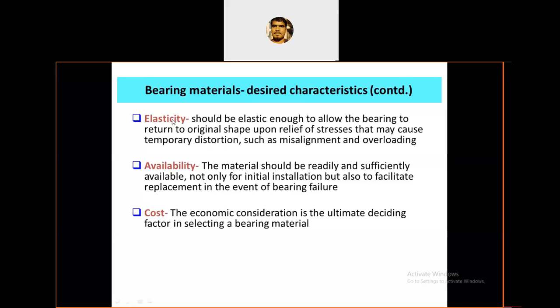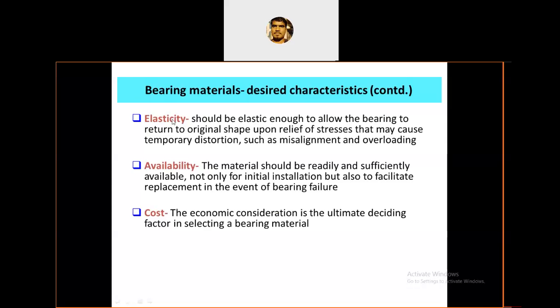Next is availability, meaning our bearing material should be easily available. Clear? If it is not easily available, what happens indirectly? It increases the cost. And the last property is cost. The bearing material should be highly economical. If it is low cost, we can easily use it.